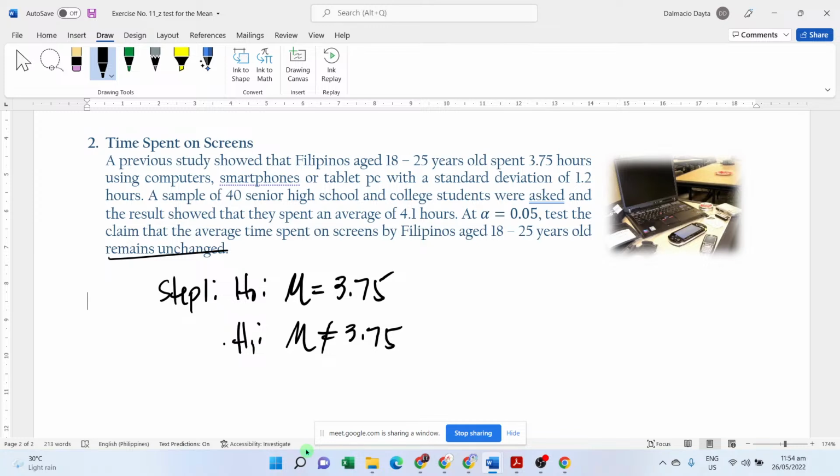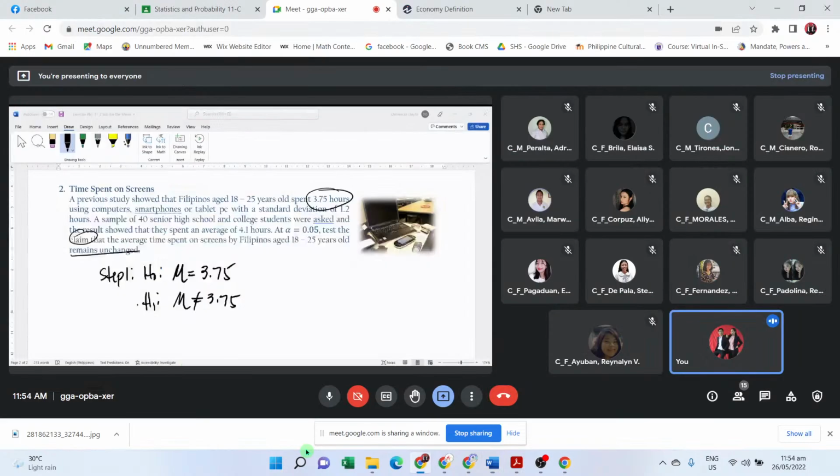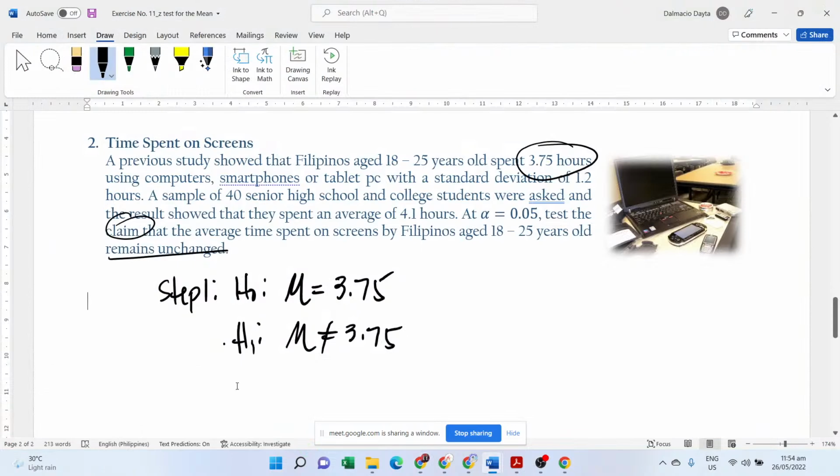Okay? Null hypothesis, mu is equal to 3.75. That is the previous study that showed that they spent 3.75 hours. That is the null hypothesis. It won't change. Oh, yun yung claim. So, ibig sabihin, kung hindi ganyan, edi wala naman sinabing more than, wala naman sinabing less than. Not equal to. Very good, Brilla. Okay?